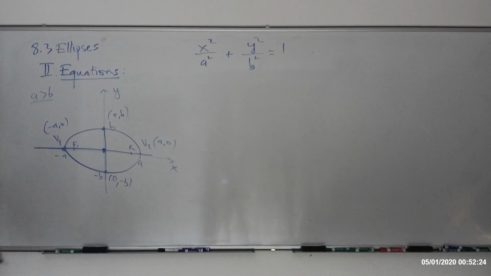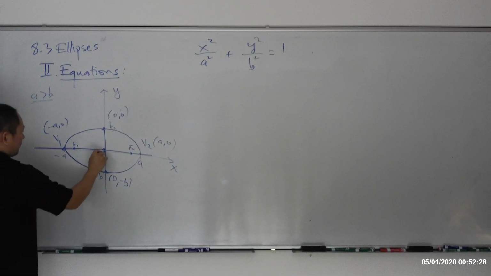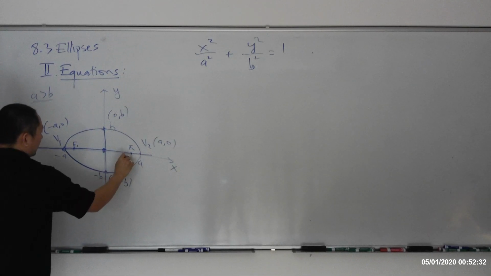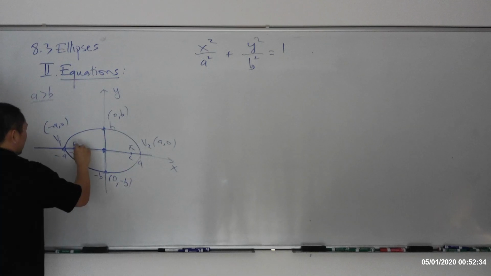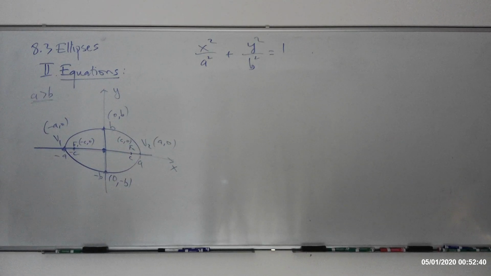Our tradition is to denote the distance from the center to the focus as C. So this point right here is C, and this is negative C. F1 is at negative C comma 0, and F2 is at positive C comma 0.